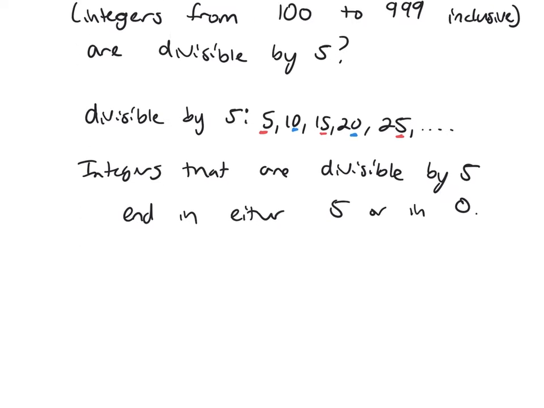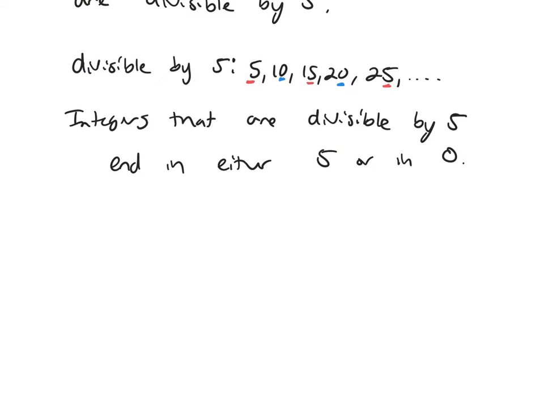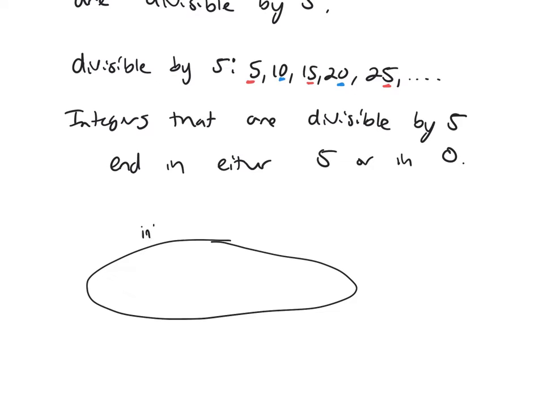So what we can do is think about the set of 3-digit integers divisible by 5, because that's what we're interested in. That's going to be my set A. And within that set, we have two subsets.